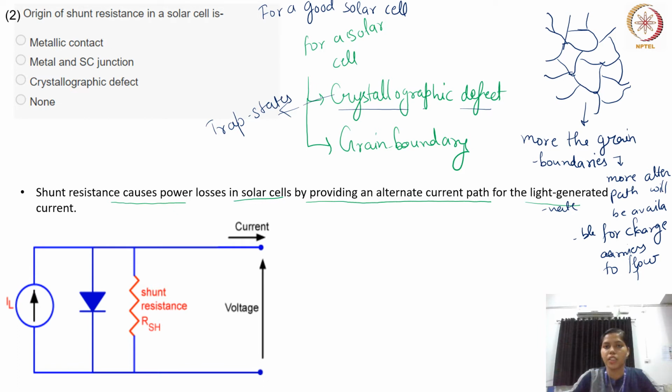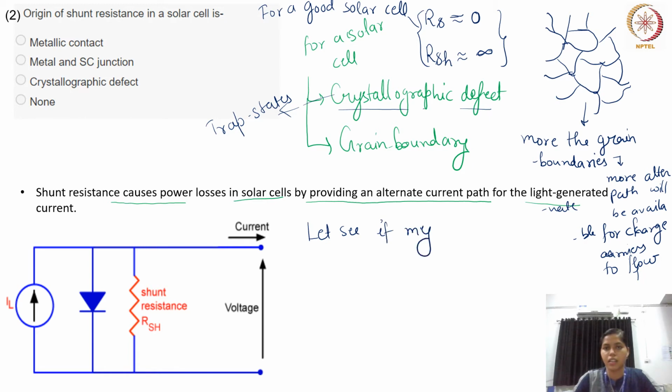So for a solar cell Rs should be minimum, equivalent to 0, and Rsh, the shunt resistance, must be maximum, it can be infinite for an ideal solar cell.